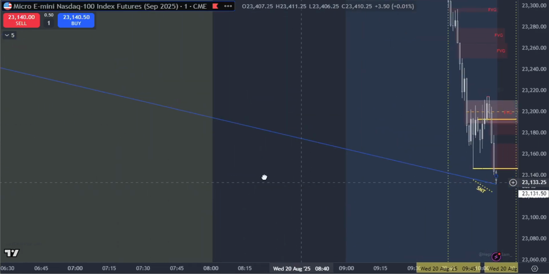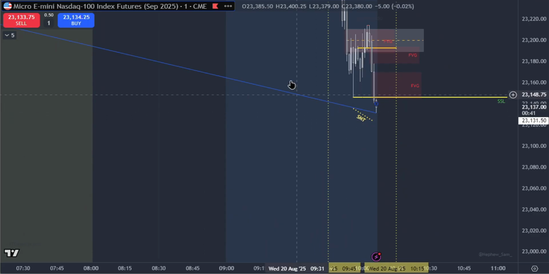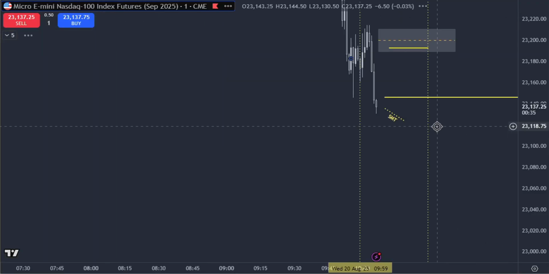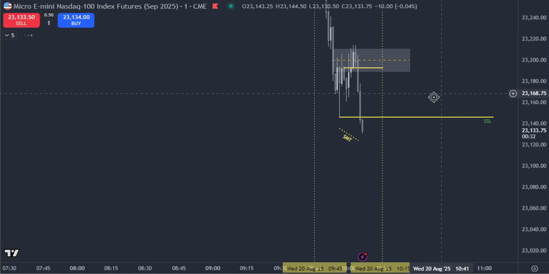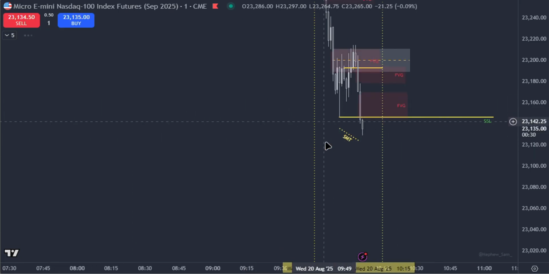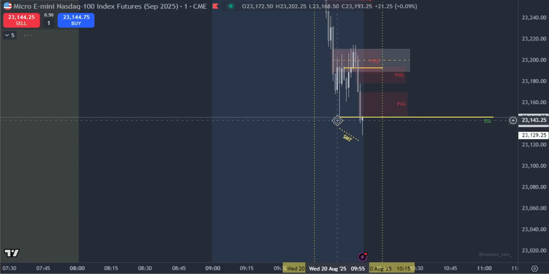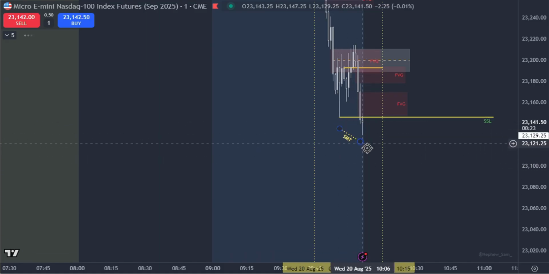NQ and ES took Asia low. So we have this huge SMT down here, and then down here we have another tiny SMT.